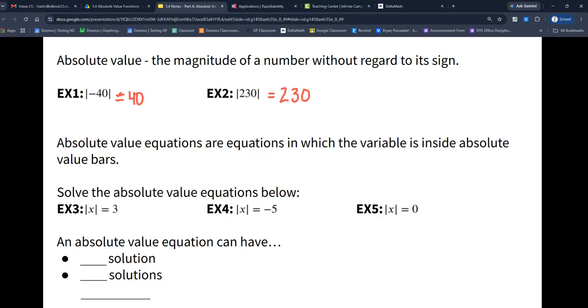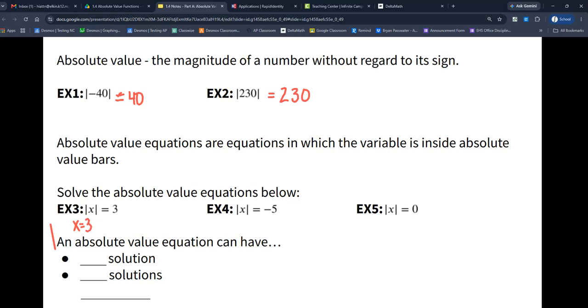So let's look at the equations below. Examples 3, 4, and 5 are some of the most simple absolute value equations you could possibly have. Okay, so what we're trying to find on absolute value of x right here, what number could I put in that would give me the right answer? Okay, so Gage is telling me 3. I agree.